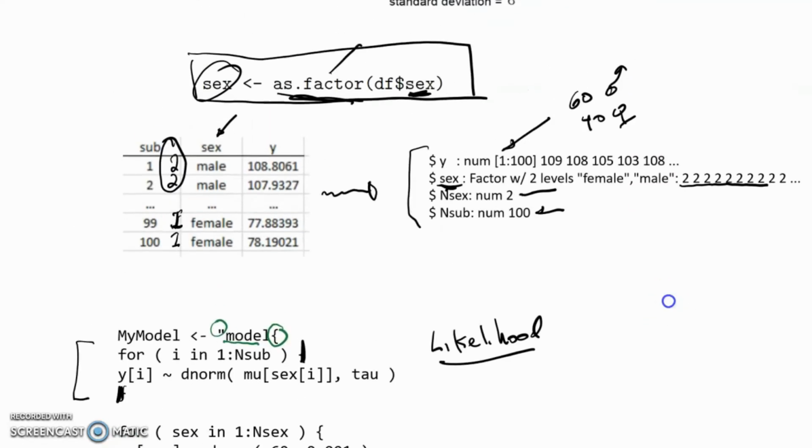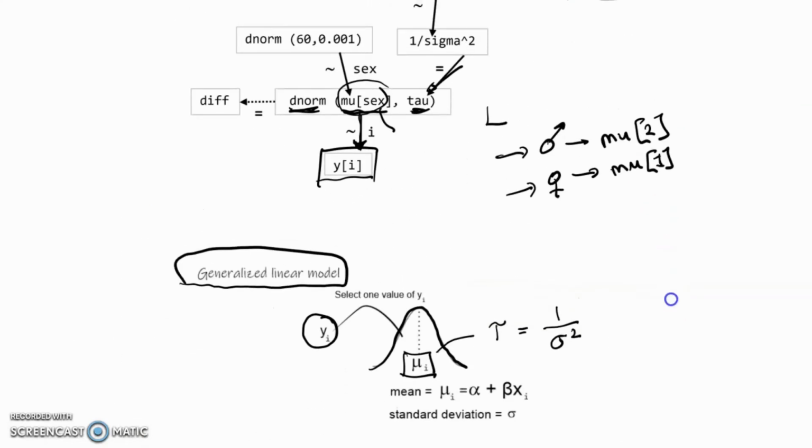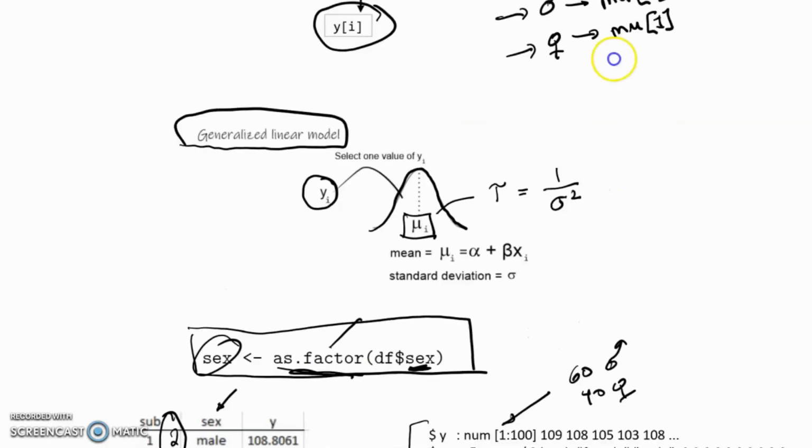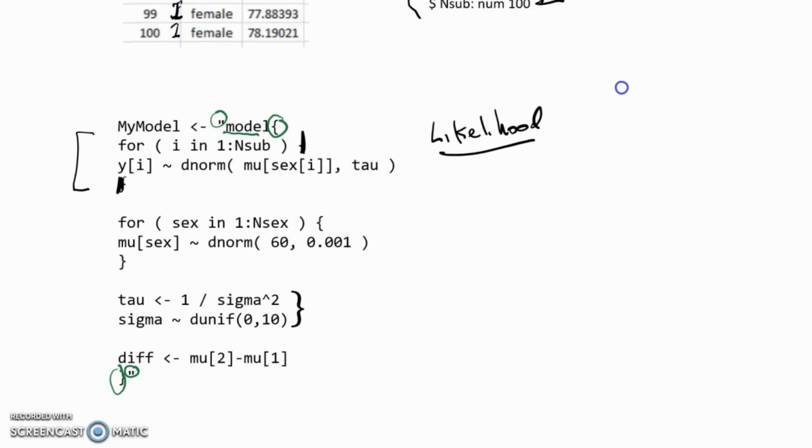And this is our likelihood function. As we saw, the individual observations are deemed to arise from a normal distribution that has a mean that will vary with sex and variability that is parameterized by tau, which is the inverse of variance.